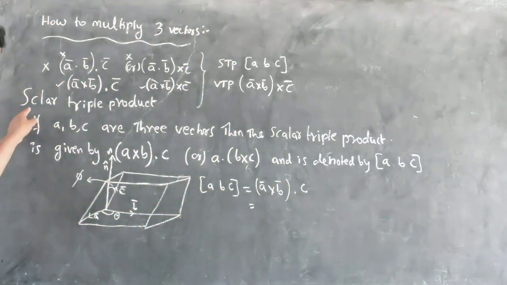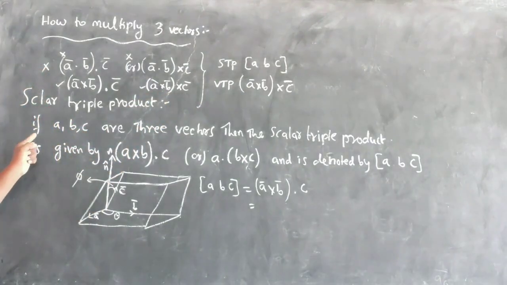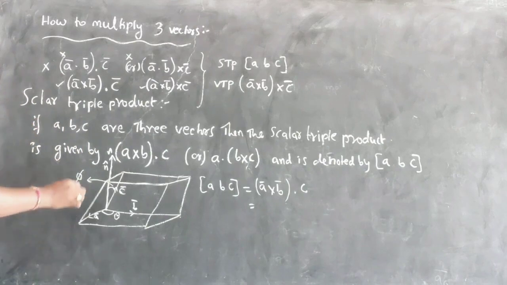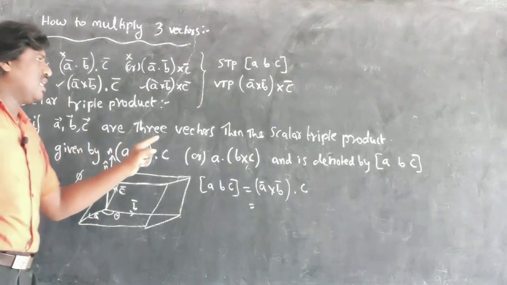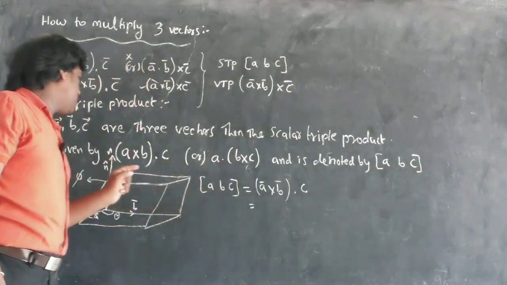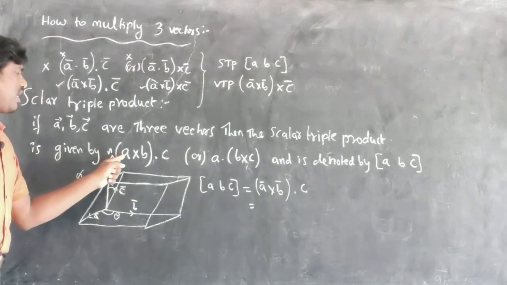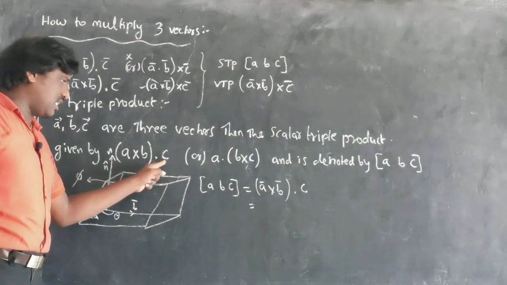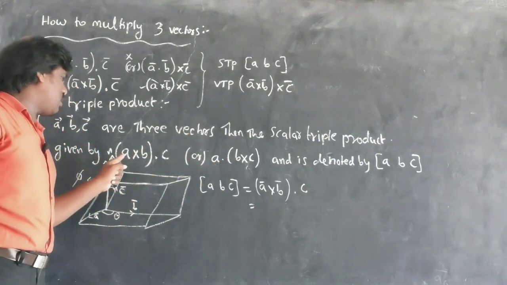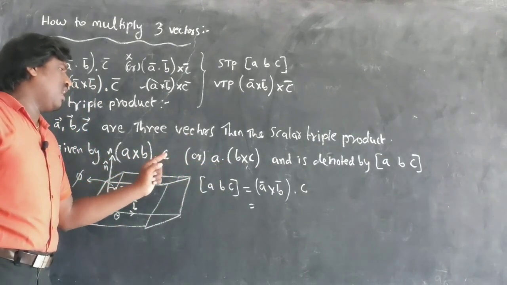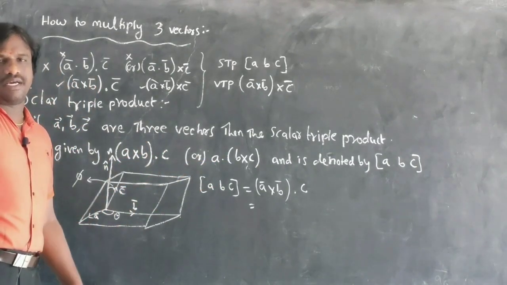Now this is the scalar triple product definition. If A, B, C are three vectors, then the scalar triple product is given by A cross B dot C or A dot B cross C. Either you can use the dot on the right side, or you can use the dot on the left side with a cross product.